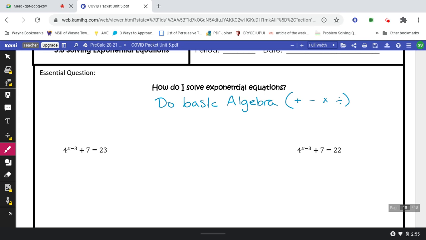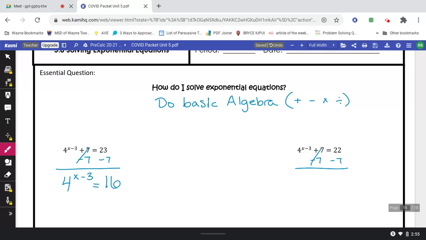So for both of these problems, we're going to subtract the 7. All right, that brings 4. Bring down x minus 3 as your exponent. And 23 minus 7 gets me 16.